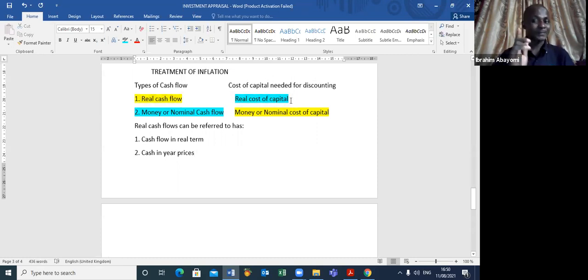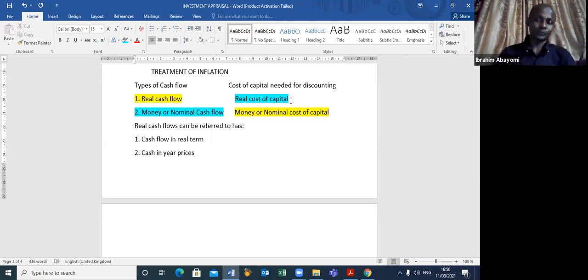Cost of capital does not have a specific inflation rate. It is only cash flow that we have a specific inflation rate for. So the only inflation rate that will affect both cost of capital and cash flow is the general inflation rate.